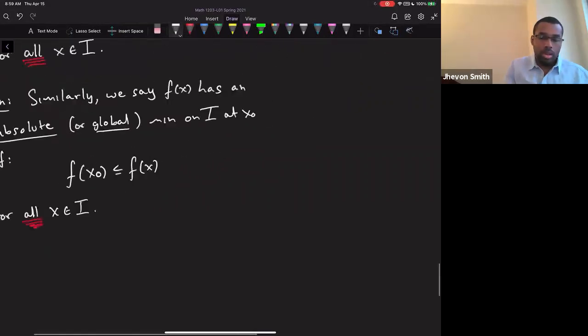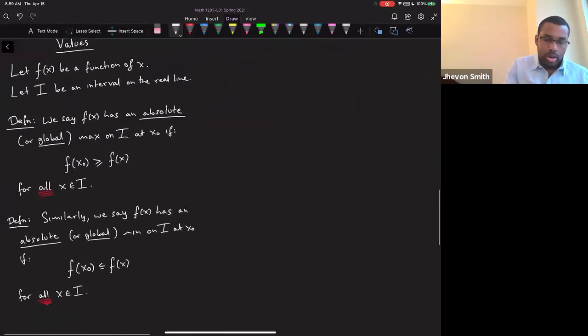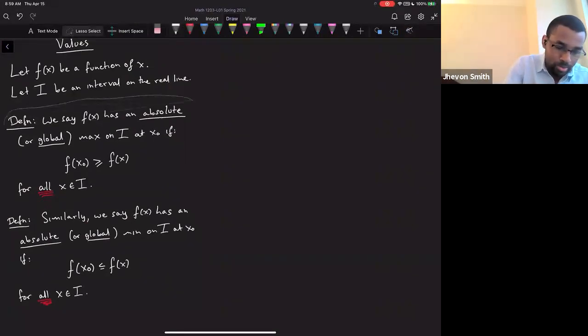So that is your absolute max and absolute min. Pretty much, these are the biggest guys around, the largest and smallest values, respectively, on the entire interval. They're larger and smaller than everyone else, respectively.